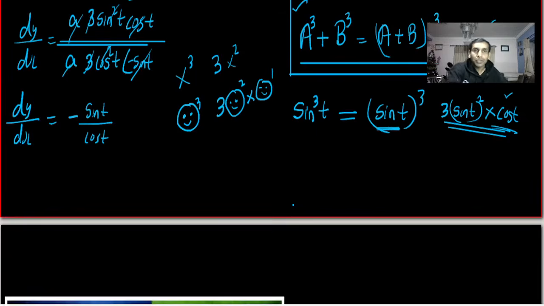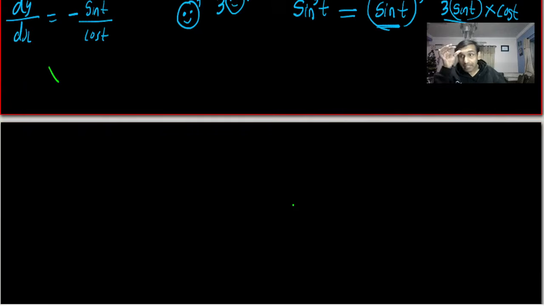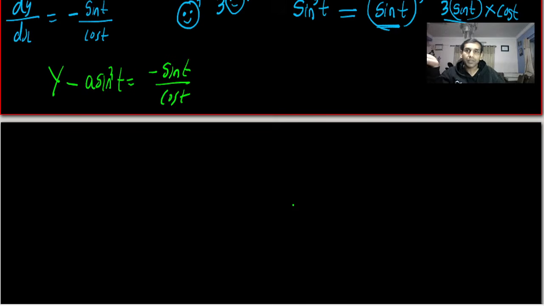Now comes the usual step. Come on, tell me what's the next step? Equation of tangent: y minus y, that is a sin cube t, is equal to minus sin t by cos t into x minus a cos cube t. So I'm going to take cos t to the other side.